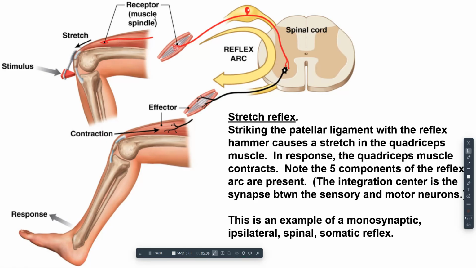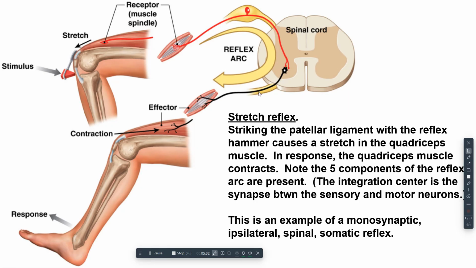There is a receptor called a muscle spindle in there whose job it is to measure muscle stretch. And when we stretch that muscle, it's going to send a signal via this sensory neuron, unipolar, goes into the spinal cord. That's where we're doing our integration. The integration is happening at the synapse here, and we just have one gray matter synapse.